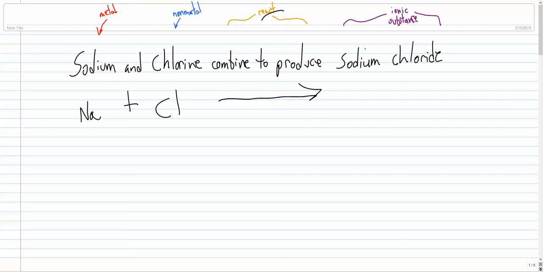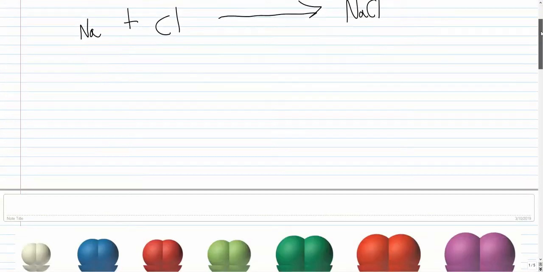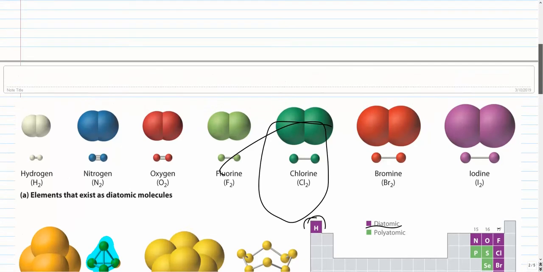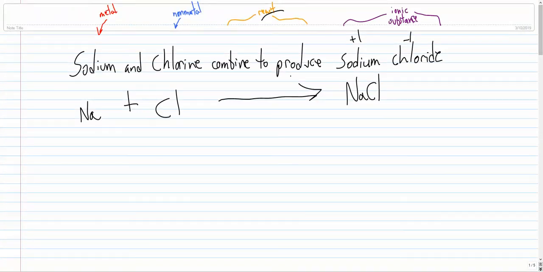And then sodium chloride, we know that sodium is +1, makes a +1 ion, and chlorine makes a -1 ion. So it's just NaCl. But what's wrong with this? What's wrong with this is I forgot something. I forgot that chlorine doesn't exist as solo atoms. Chlorine exists diatomically. It exists as pairs. So to make this correct, I need to have a little 2 right here. So closing in on 6.5 minutes, I think that's a good place to stop.